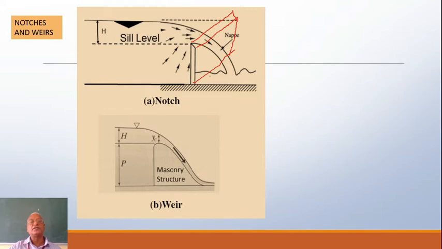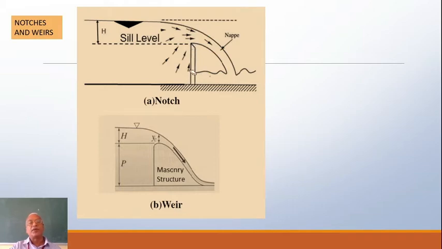There is a plate across a channel, right? So that makes what is known as a notch. It will have a different shape, maybe a rectangular cut, maybe a triangular shape. There are a variety of things that you will study in further slides. So this is the notch cross section.